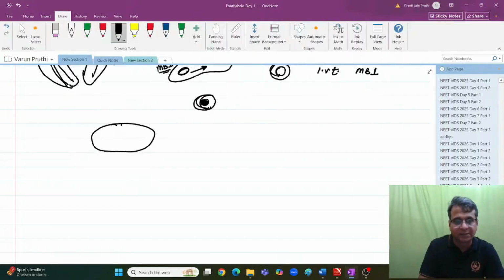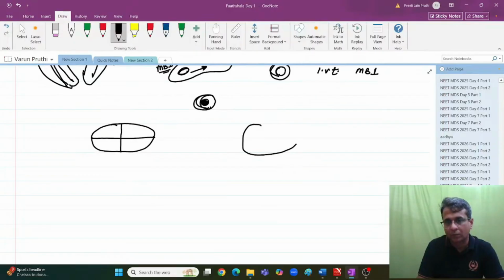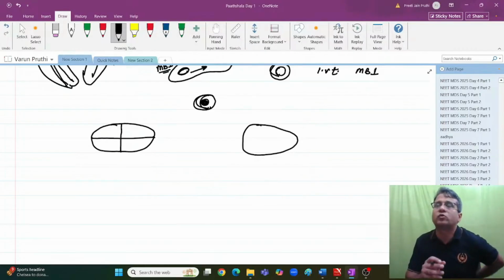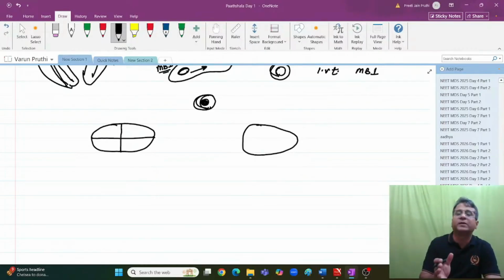Elliptical comes under complete mathematical terminology, while for oval shape, like an egg is oval, oval does not have a very clear definition in mathematical terminology. Okay.